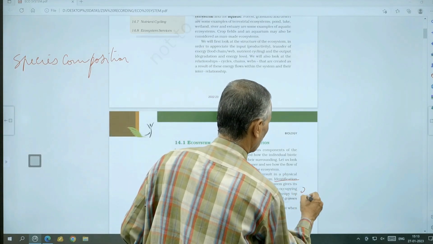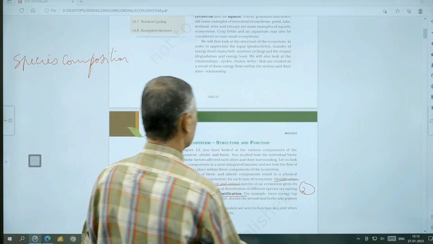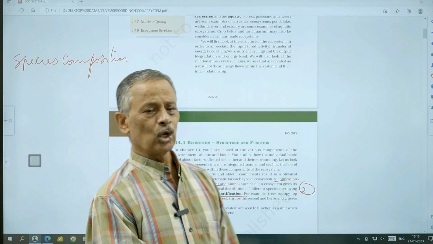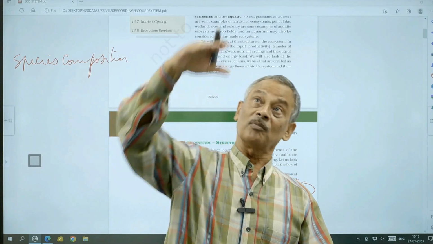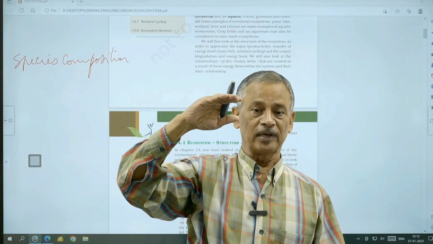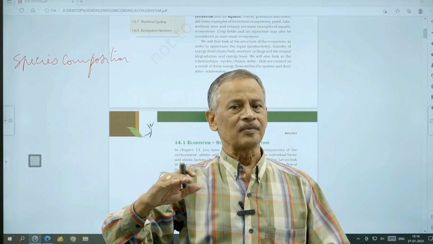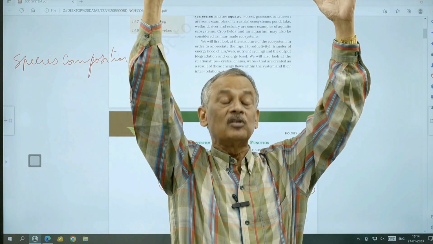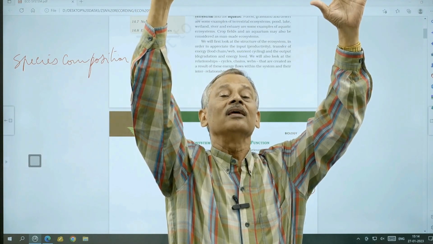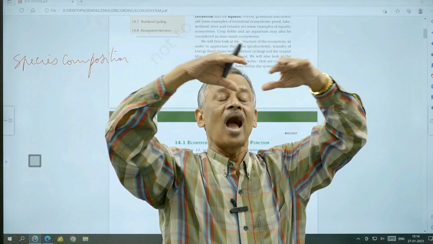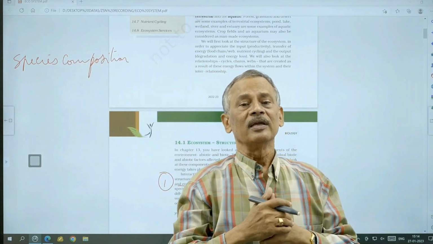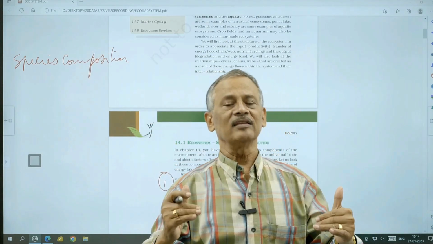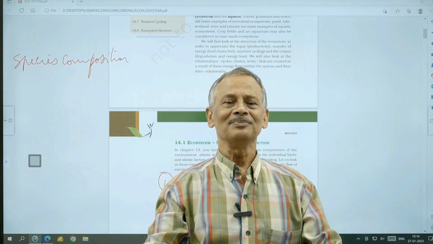Number two, stratification. These biotic factors are not occupying the same level. Some may be present at the top, some may be present in the middle, some may be in the bottom, like that. You take a forest, some big trees will be there, which will be growing very high, and it will be making a canopy, and in that shade, you may be having a second layer of organisms, trees growing, and again there will be smaller plants growing at the bottom.